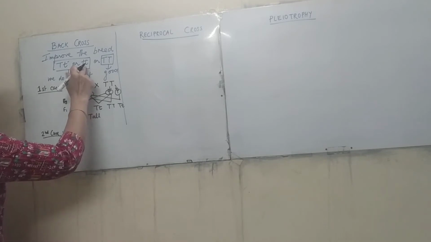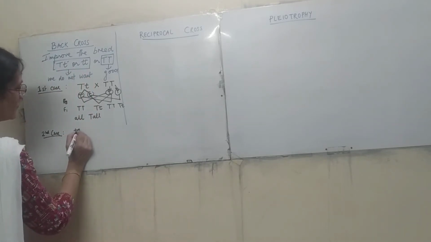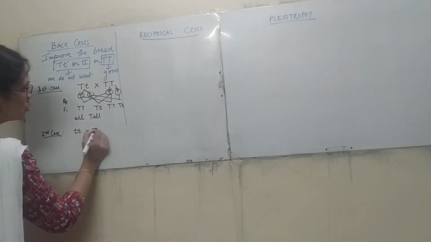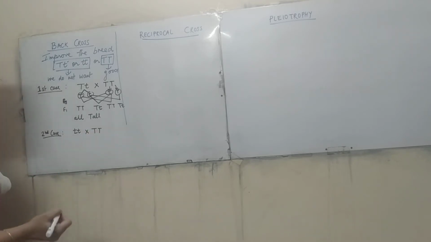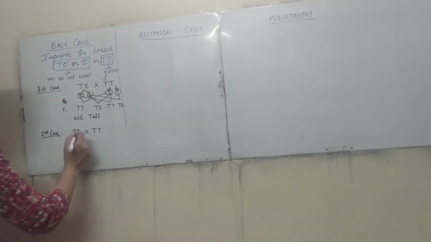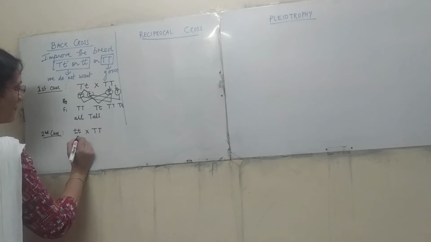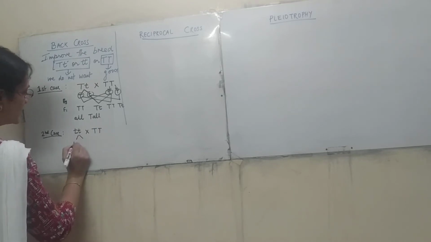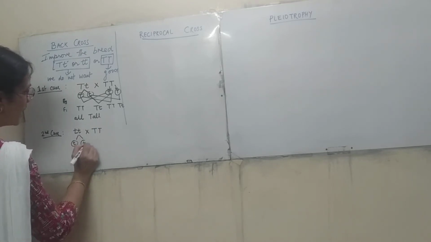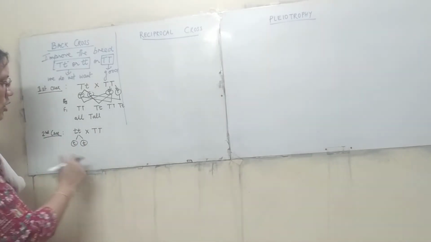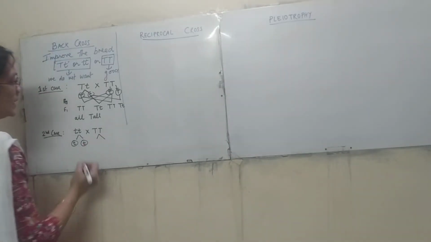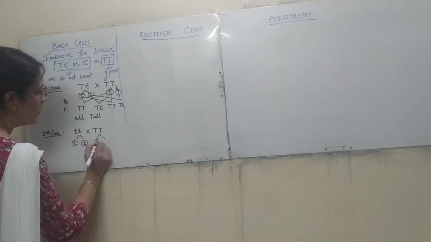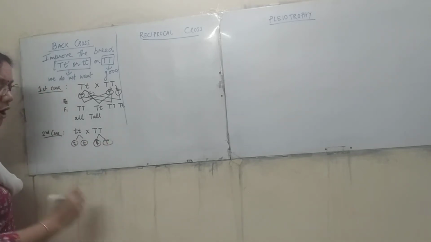In the second case, we are taking the homozygous recessive. The homozygous recessive is crossed with the homozygous dominant. Then what are we getting? The gametes from the dwarf plant will all have the dwarf gene, and the gametes of the tall plant will have all the genes for tallness.